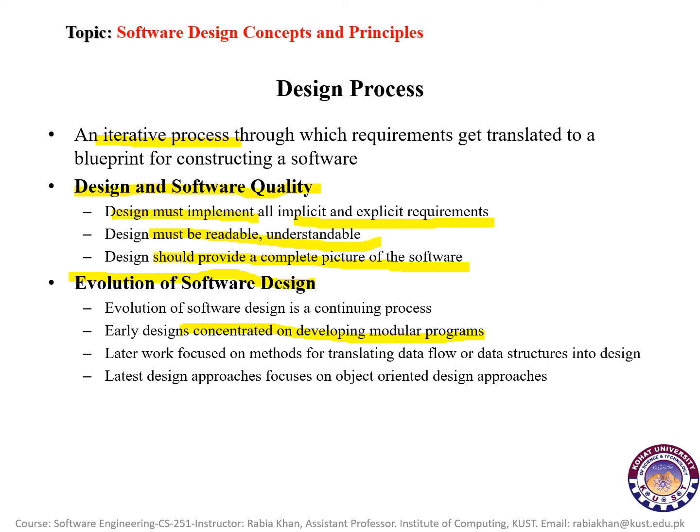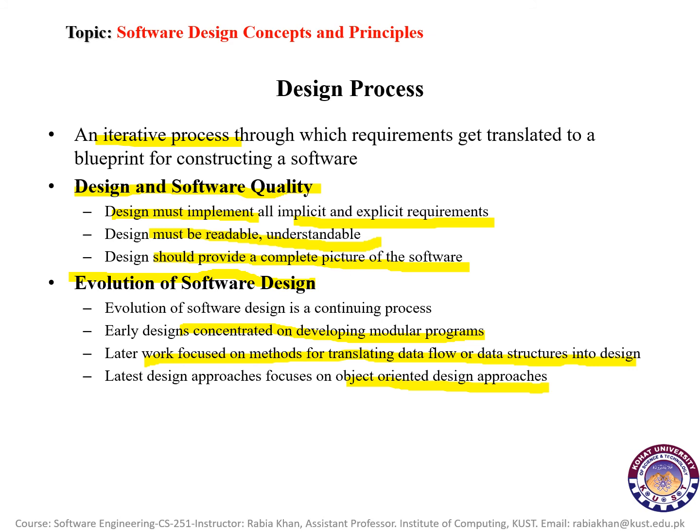Later on, the work focused on methods for translating data flow or data structures within your software designs. Now the current approach proposes an object-oriented design approach. Current research within software design mainly focuses on generating object-oriented design architectures and the design patterns that can be used to implement software architectures.